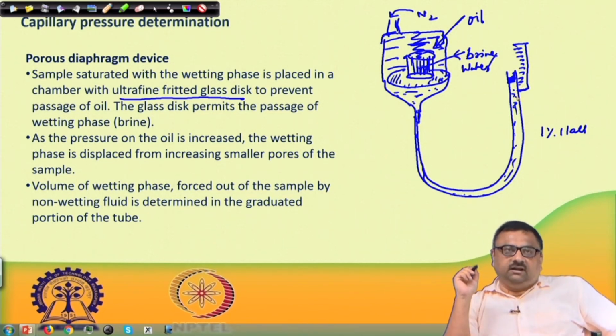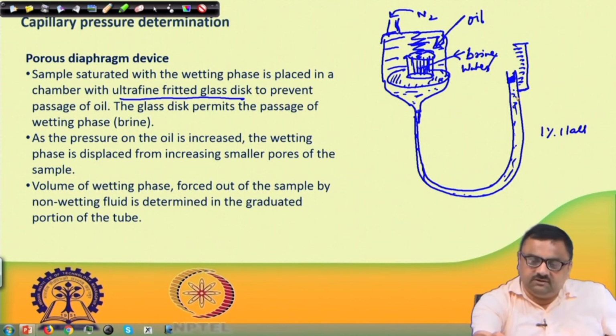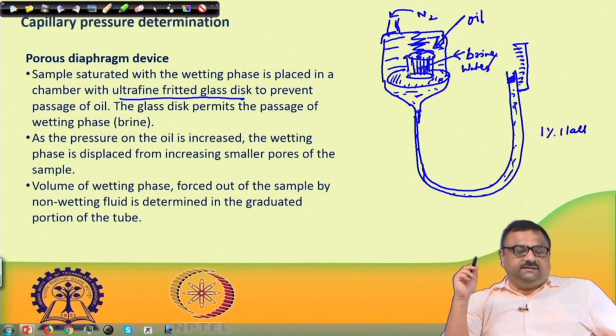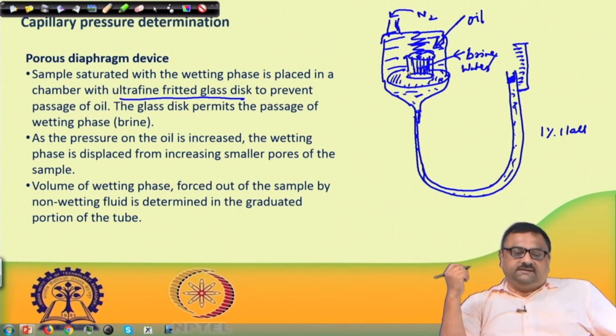So, let us just try to articulate what is mentioned here. Sample saturated with wetting phase, this porous sample saturated with wetting phase is placed in a chamber with an ultrafine fritted glass disc to prevent passage of oil. The glass disc permits the passage of wetting phase.